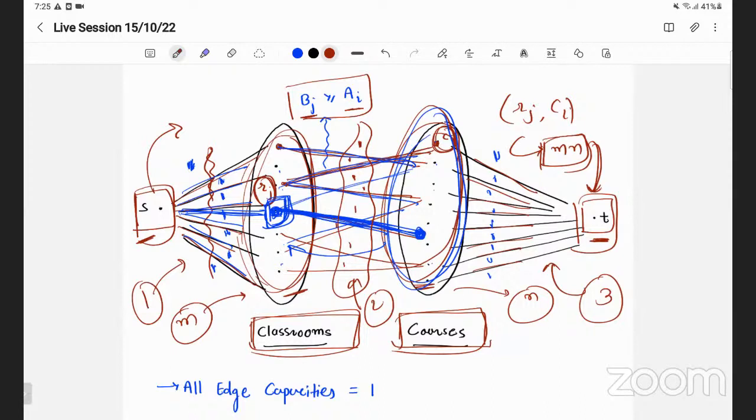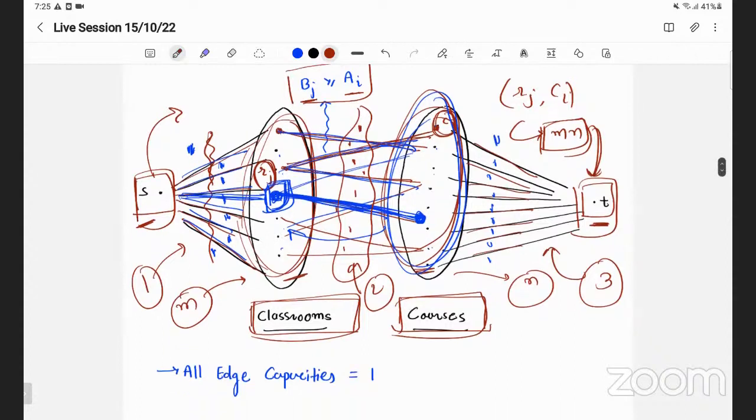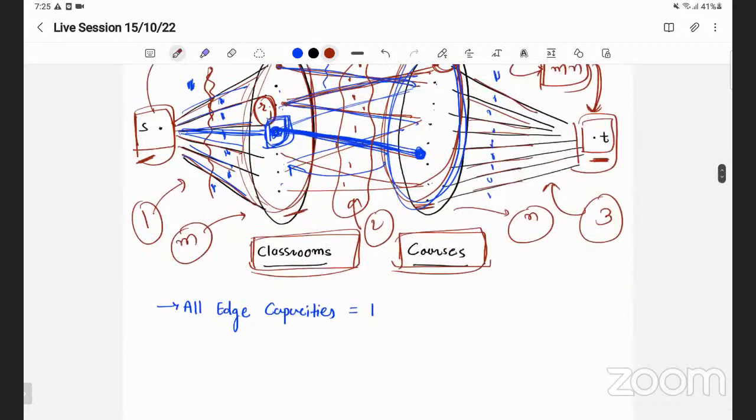So basically I'm giving all the edges a capacity of 1, and that will work for finding the maximum matching, right? So this is the whole problem, and all edge capacities will be 1. Now the thing just remaining is the implementation of the flow.